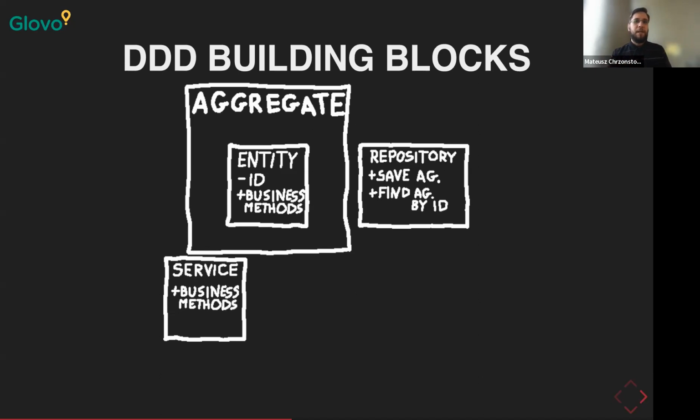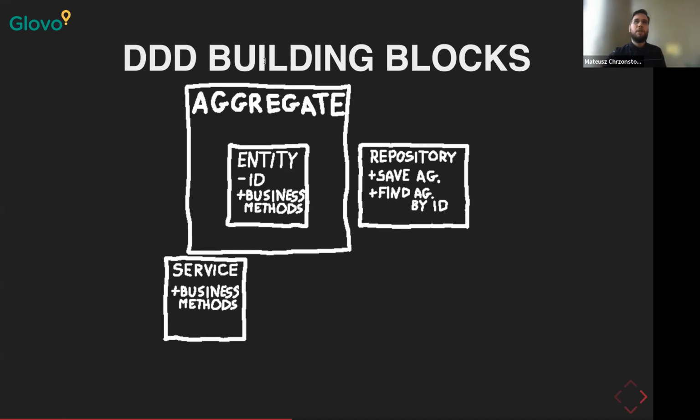You can save it, and there is also a service in the domain which is stateless. So for instance, for a couple of invoices, you might have a domain service called bookkeeper who is calculating your taxes based on a couple of aggregates. Yeah, this is stateless logic, but any time you execute this calculation on the service method on the same invoices, you are getting the same results. And it also contains rules you need to follow.